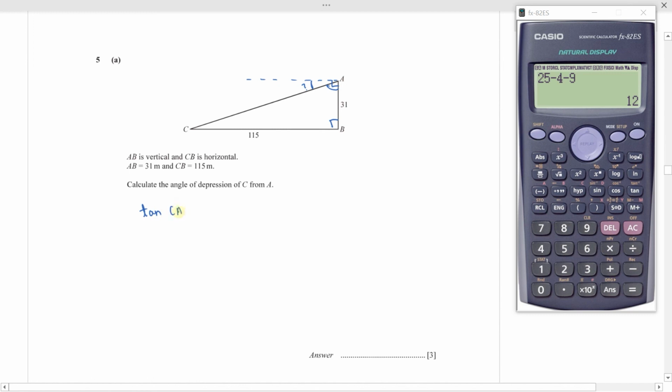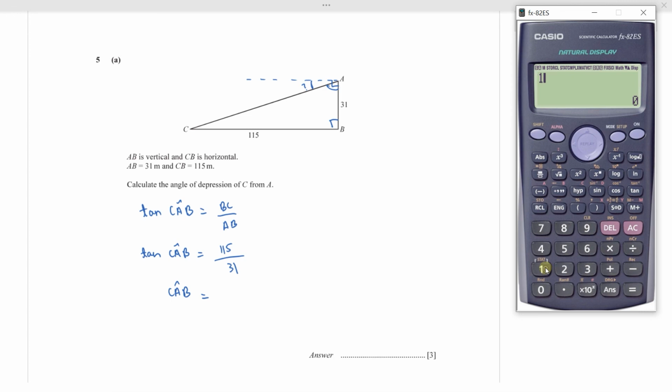Tan of angle CAB will be equal to this side BC over this side AB. So tan of CAB will be, BC is 115 and AB is 31. So angle CAB will be 115 divided by 31, and then tan inverse of this.